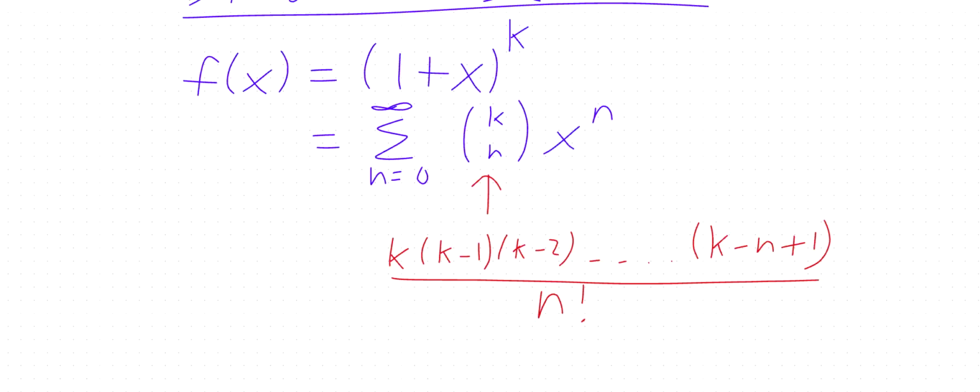Think this is on top we have k factorial. And then on the bottom, it's our n factorial times k minus n factorial.